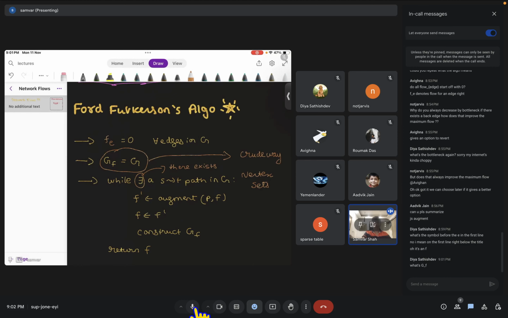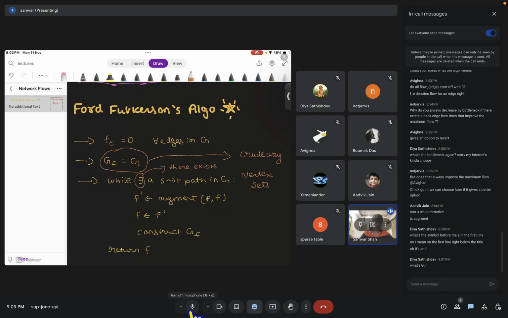Does the algorithm make sense? Intuitively, does it make sense? Okay, I think it will be nice if someone is able to summarize Ford Fulkerson's algorithm by saying it. That will probably help you understand intuitively how it works.